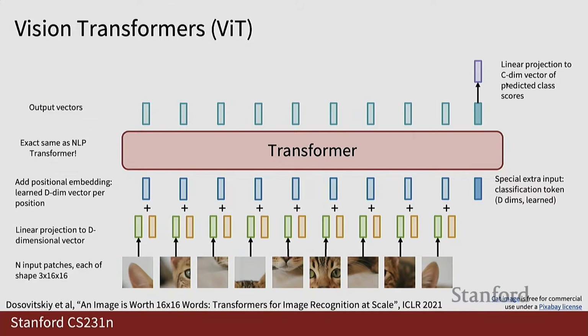So a C-dimensional vector, which is the class probabilities, and that's what we often call the class token. So this is one of the most standard ways of using ViTs, vision transformers, for image classification. But transformers are not only used for classification, they could be used for many other tasks that we will be covering some of those today as well.